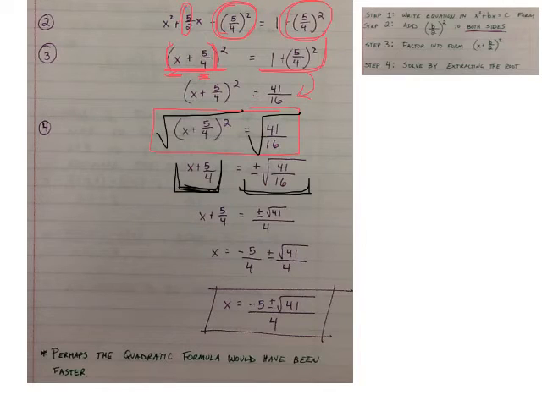Now naturally this is a difficult example. It's more difficult than I would expect of you on the skill test, but it really demonstrates all of the little kinks that exist within completing the square and why the other forms are sometimes preferred. So perhaps for this example the quadratic formula would have been the fastest possible way.